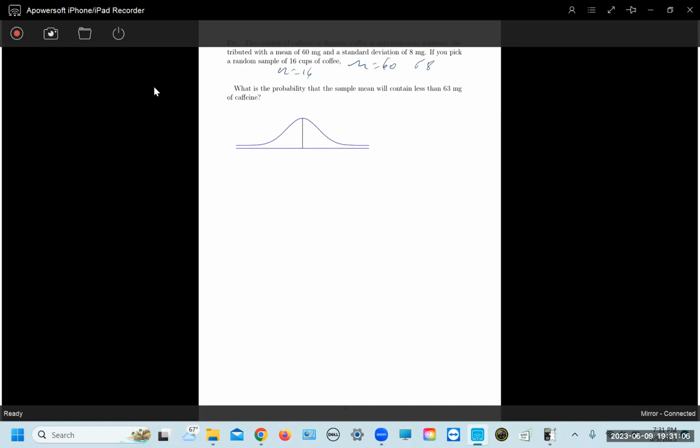What is the probability that the sample mean will contain less than 63 mg of caffeine?